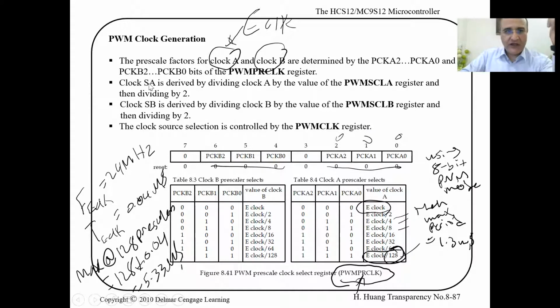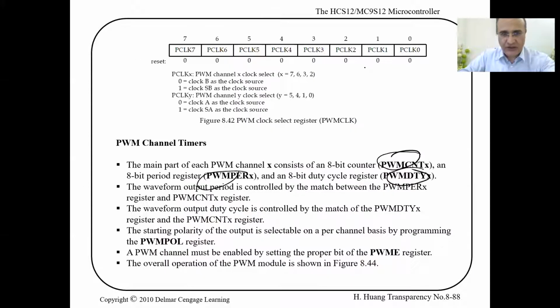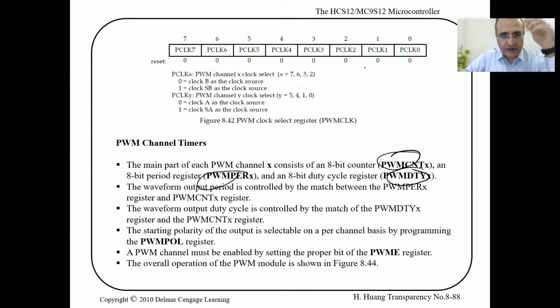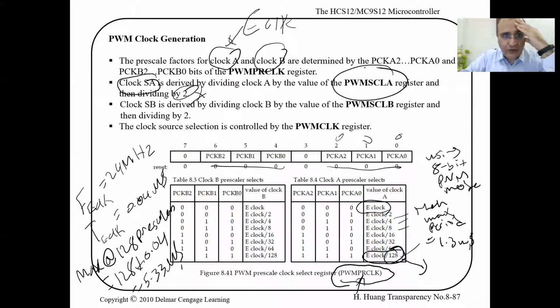Instead of using clock A, we can use clock sub A. Sub A further divides clock A by 2 times the number that we write in the PWM sub clock A register.